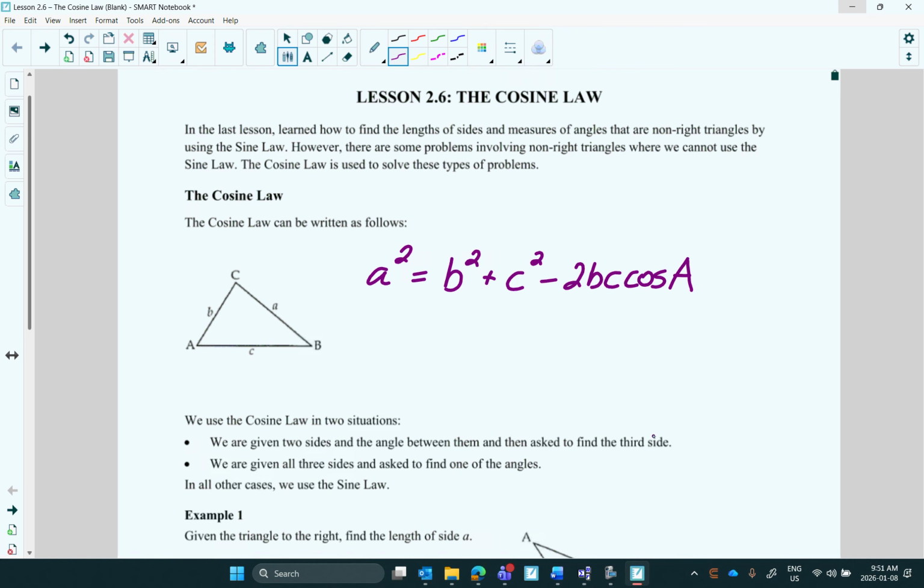So notice the connection between these two.